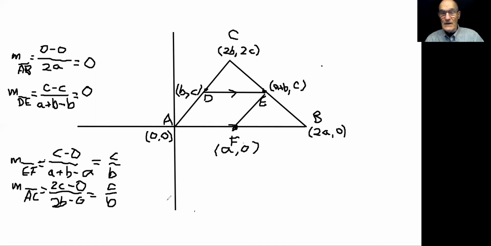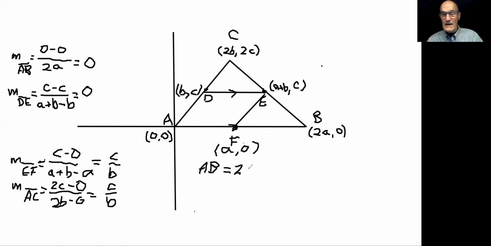Now, the interesting thing also here is that if you look, the length of the mid-segment, we call it here, is half of the opposite side, right? If I come across here at the bottom, see AB equals 2A minus 0, which is 2A.